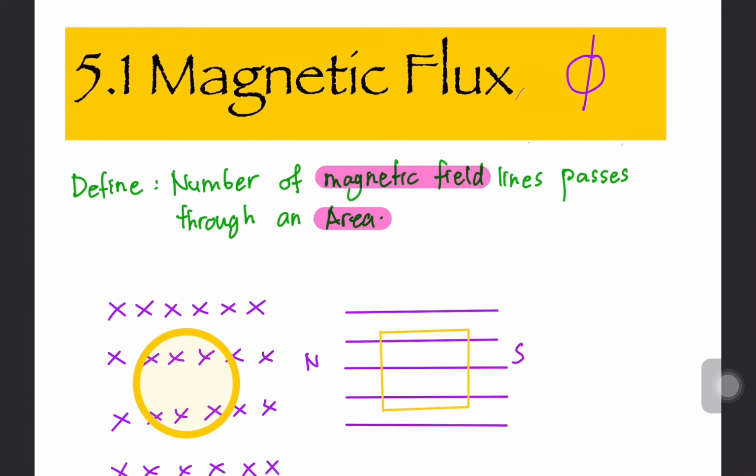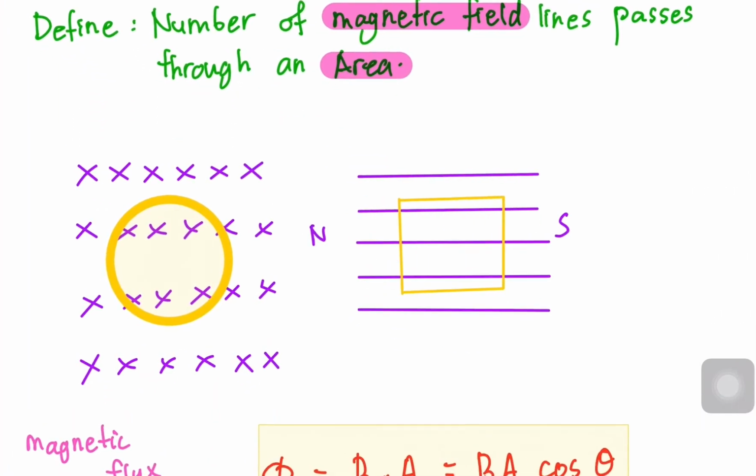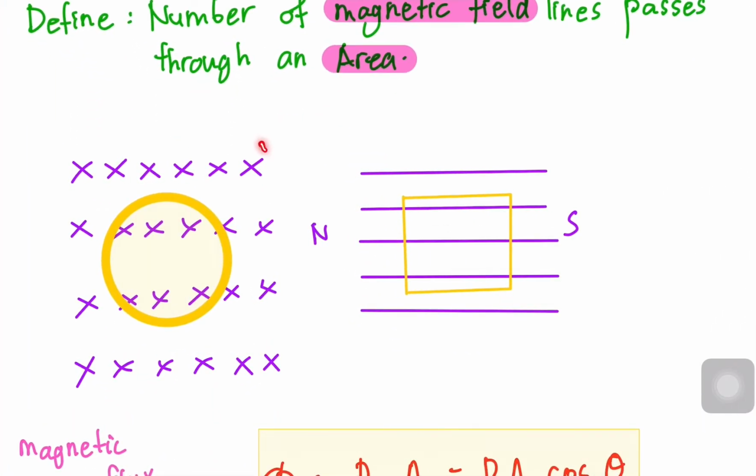For example, in this first part, we have X, which is magnetic field into the page, and this is a circular coil. For magnetic flux, we count how many magnetic field lines pass through this area. For example, 1, 2, 3, 4, 5, 6. So the magnetic flux will be 6 Weber, Wb, which is the SI unit for magnetic flux.